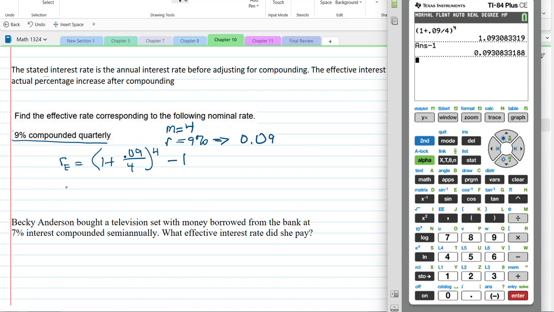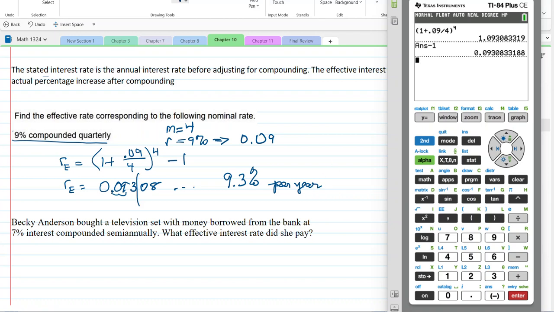So our effective yield is 0.09308, blah, blah, blah. So we want to go 3 decimal places and change it to a percent. So we're earning 9.3% per year, approximate.